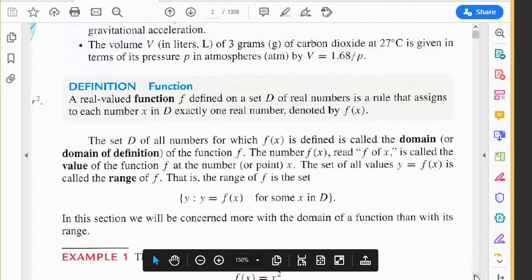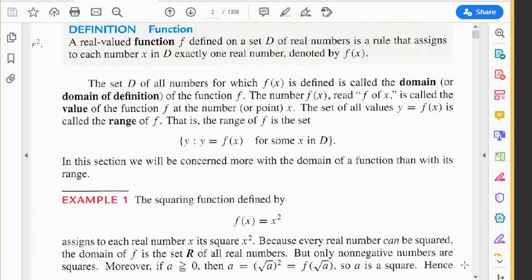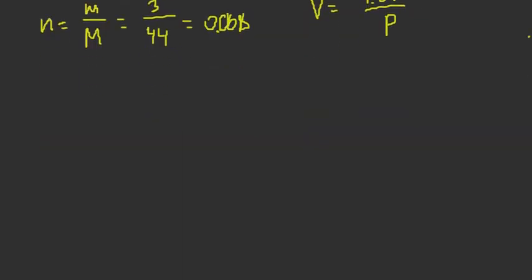Just once again, when we are talking about a function, there are certain inputs and certain outputs, and in a lot of different sources it's called a function machine. We can visualize it as a machine which takes certain inputs and gives certain outputs.